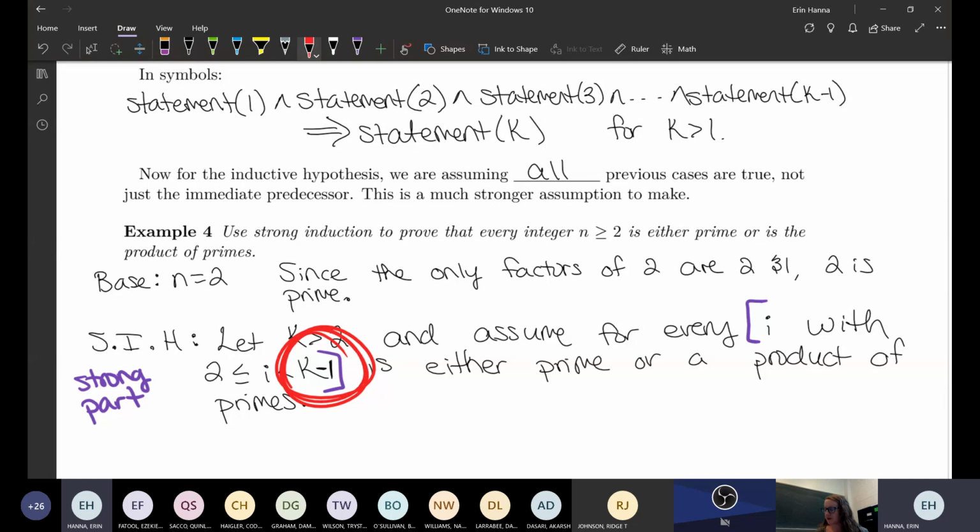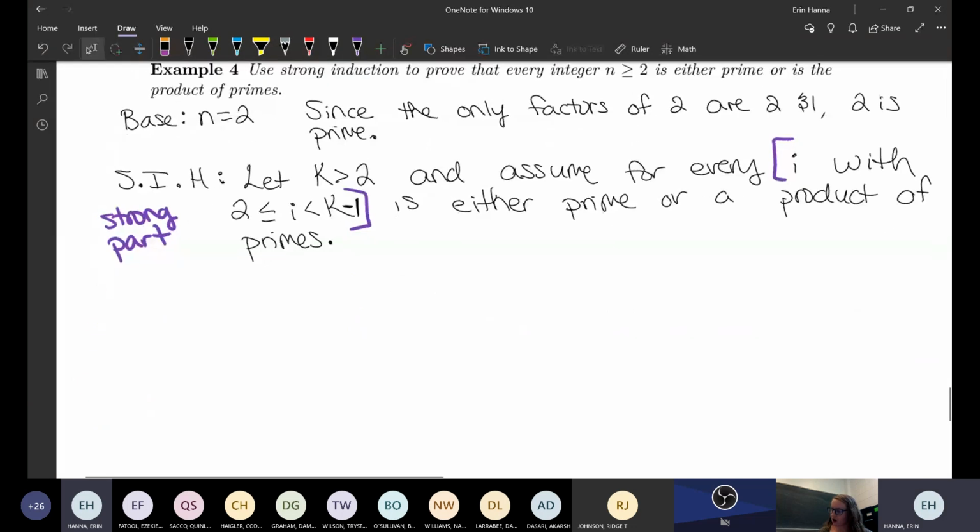So k minus 1. But that's the strong piece. We need to assume that it's true for everything from the beginning up to k minus 1. But apart from that, it's the same kind of ideas. We're assuming that those things are either prime or a product of primes. So the only difference is that piece in the middle where we have to say that it's true for all of the things between 2 and k minus 1.